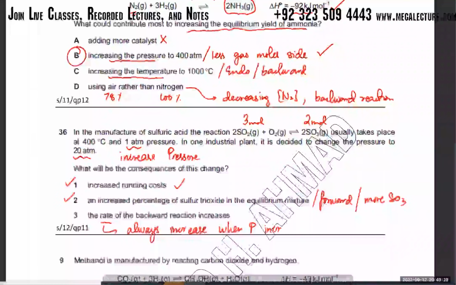So it doesn't really matter whether it's the forward or the backward reaction, its rate will increase. Here he's saying the backward rate increases, and obviously it will. If it said forward rate increases, that would also be true. So this third statement was about the rate of reaction, and it always increases when pressure increases. Is that clear, this third one?